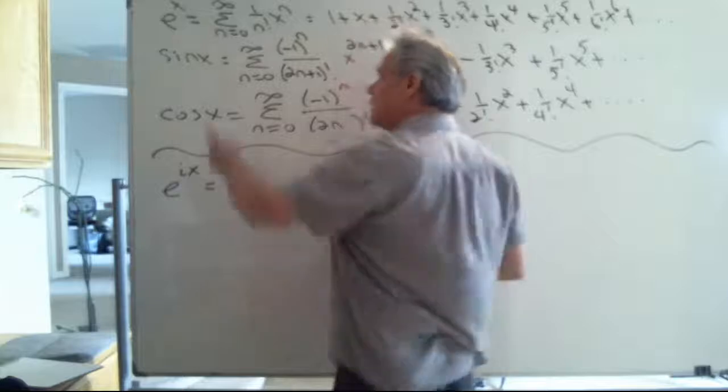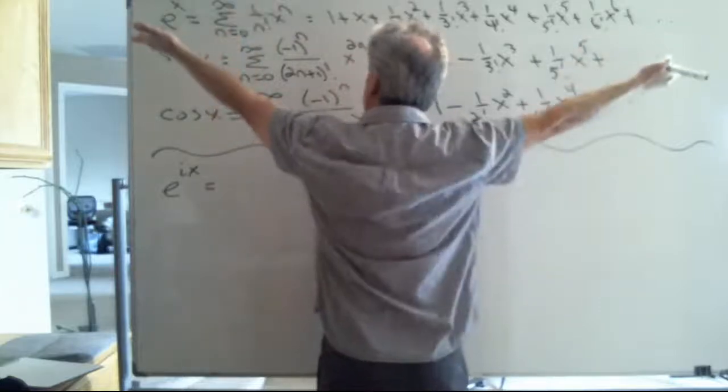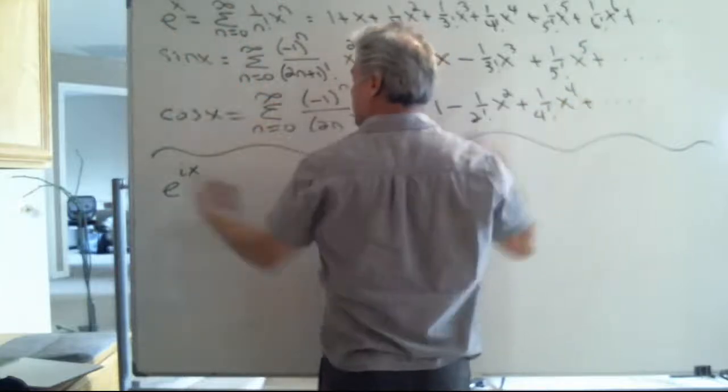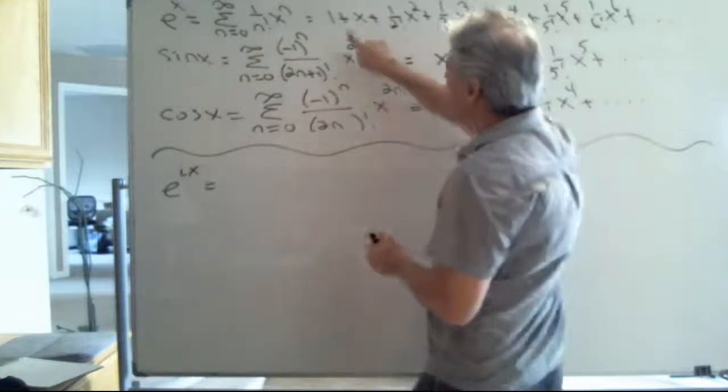But when I take this relationship and on both sides replace every single x I see with an i times x, check out what I get.